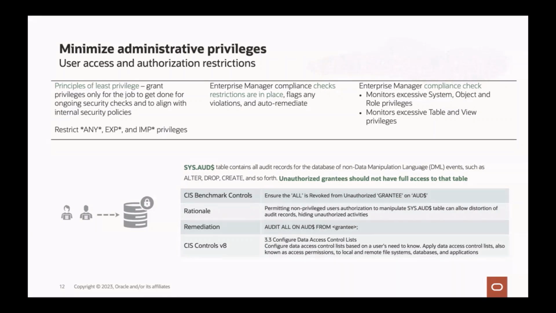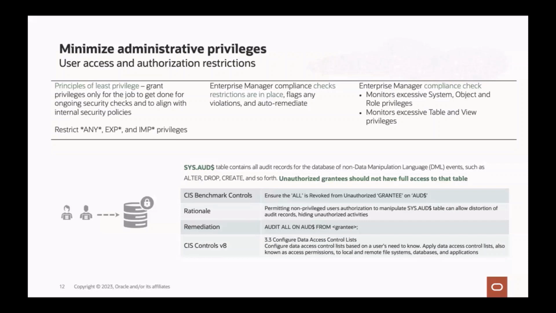The benchmark includes checks for revoking various privileges, whether tied to system privileges, object or role, or other objects. For example, the sys.aud$ table is the audit trail table that contains all audit records for the database. This check is provided as part of revoke excessive table and view privileges.